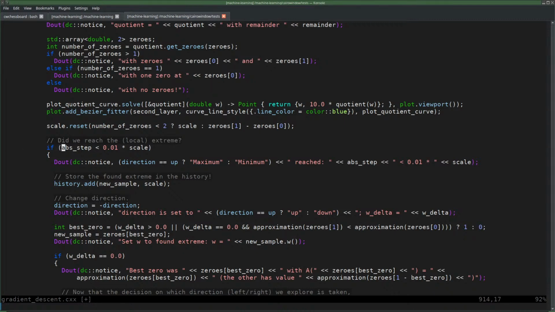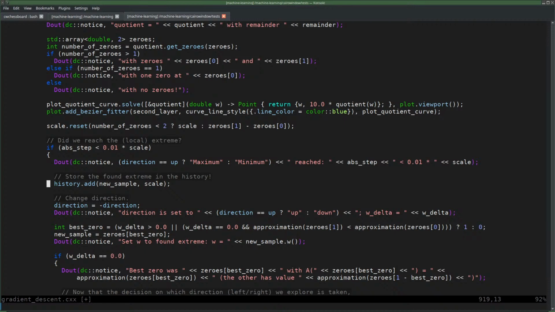If we did not reach local extreme, then we can just continue, as we did before. But otherwise, something has to be done, and we do that in this block. And then we say the maximum has been reached, or the minimum has been reached, in this case.